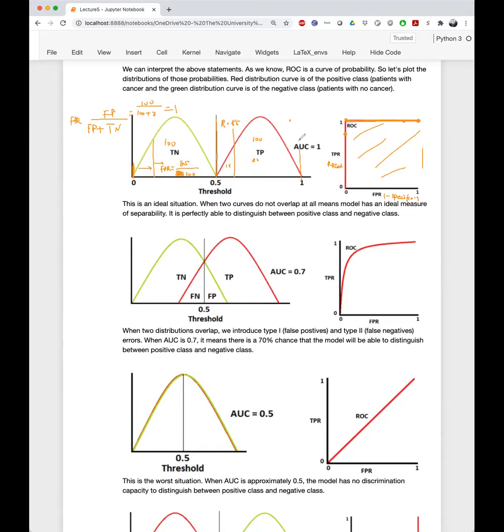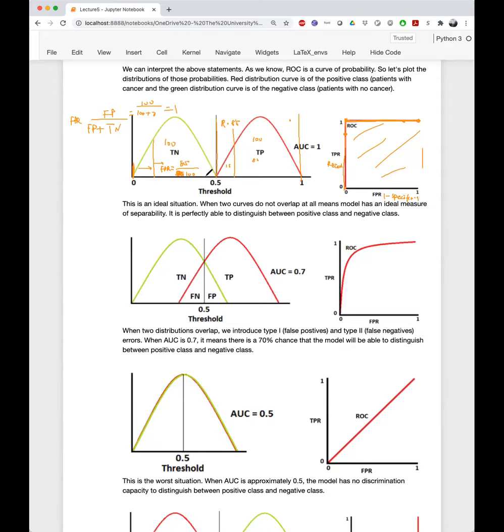When the threshold hits 1, the recall will become 0 because we missed all of the positive cases. So that will be 0. Recall is 0, and the false positive rate is still 0 because we classified correctly all of the negative cases. So that's the point here. So when you move the threshold from here to here, we actually recovered this vertical line here. And we get our ROC curve.